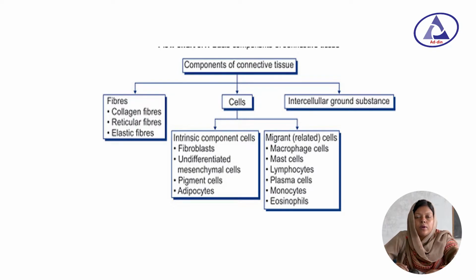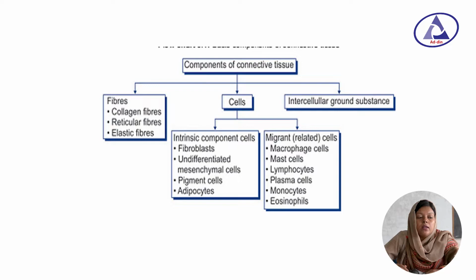Now, come to the point of the cell. What are the cells present in the connective tissue? There are two types of cell present in the connective tissue. Some are permanent, some are not permanent or transient cells. The permanent cells reside in the connective tissue and do not migrate from the site. The important ones are the fibroblast, undifferentiated mesenchymal cell, pigment cell and adipocyte.